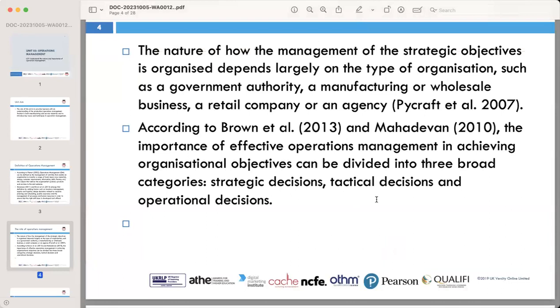So basically, the significance of effective operation management in achieving organizational objectives can be categorized into three overarching domains: strategic decisions, tactical decisions, and operational decisions.